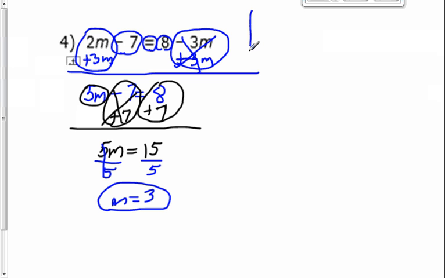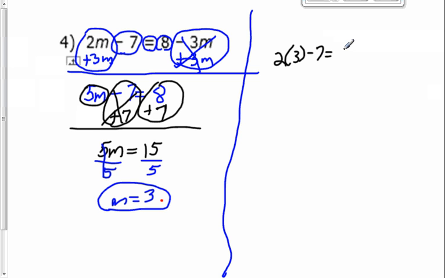Now all you have to do at home tonight is check it by hand. So that means wherever I had an m in the original problem, I'm going to plug in the number 3. Okay, so I'm going to write it back the way it is, 2 times m, but instead I'm going to use the number 3. So 2 times 3 minus 7 is equal to 8 minus 3 times 3.